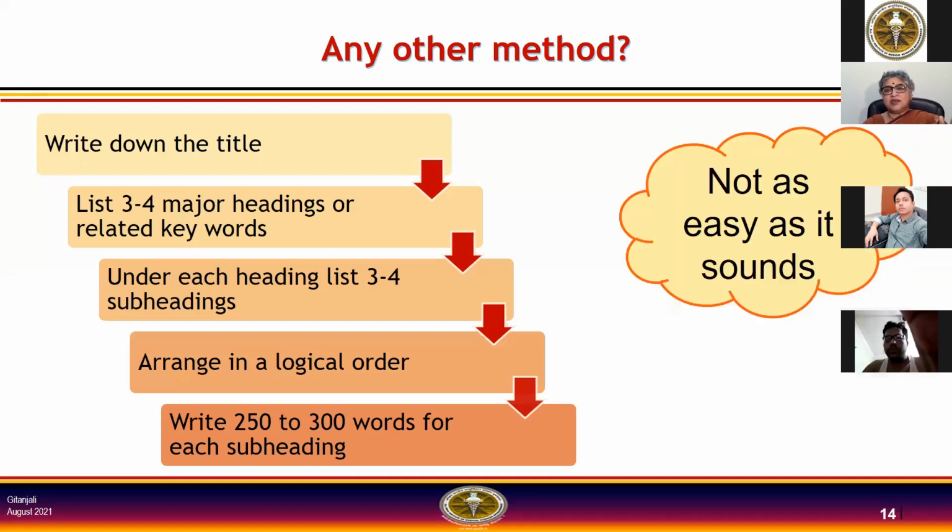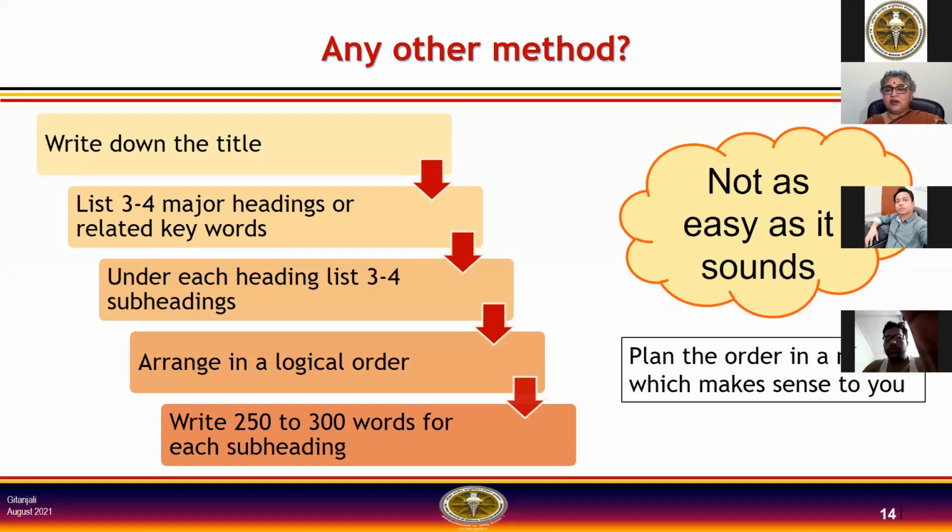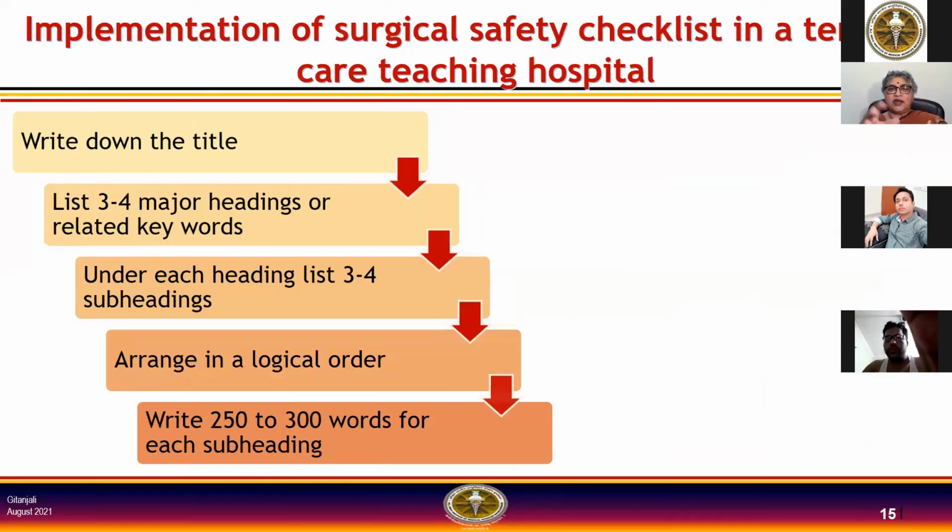So it's not as easy as it sounds, but to me it is a little simpler than the other method. That is what I personally feel. But you need to plan the order in a manner which makes sense to you. So let me give you this. If you look at the last one which we took, implementation of surgical safety checklist in a tertiary care teaching hospital, this is the title.